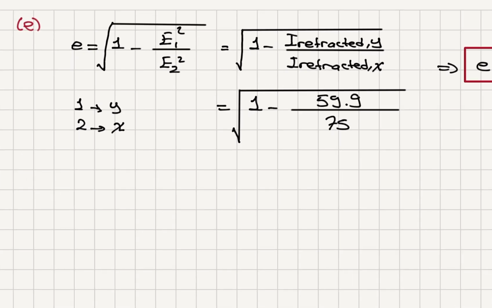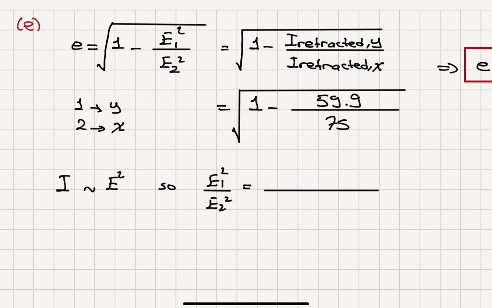And here I have noted the fact that the intensity is proportional to the amplitude of the electric field component squared. So for E1 squared over E2 squared, I have substituted I refracted Y divided by I refracted X component.